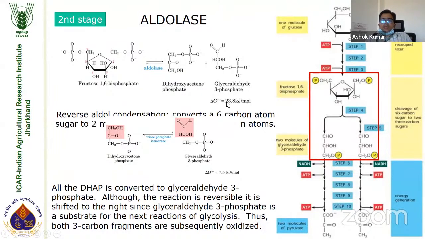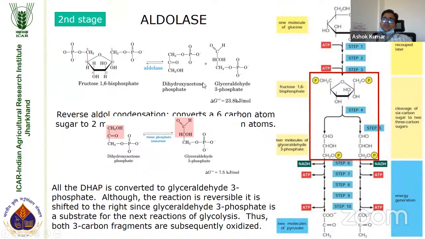And during fatty acid biosynthesis, you will be reading about how glycerol or glyceride is synthesized, and even how the reductive pentose phosphate pathway siphons off this dihydroxyacetone phosphate from the glycolytic pathway.